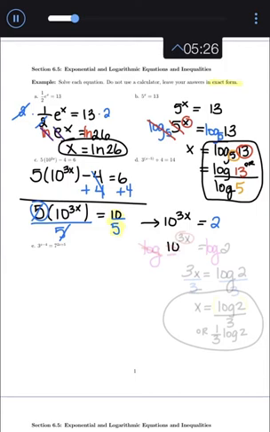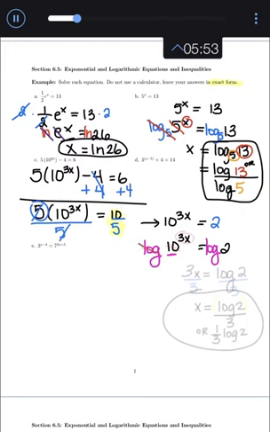How you're going to get rid of the 10 is by realizing you have an exponential. So how do you get rid of exponentials? With the log with the same base. Well, you've got a base 10. What log is going to get rid of a base 10 is a log, because that's automatically base 10. If I do it to one side, I've got to do it to the other side, to whatever's over there.